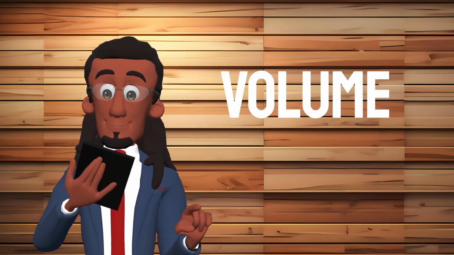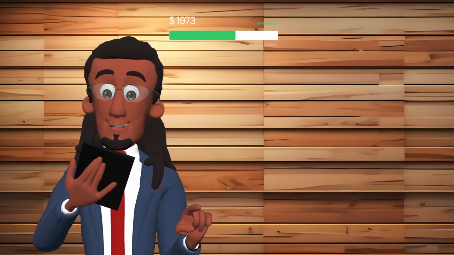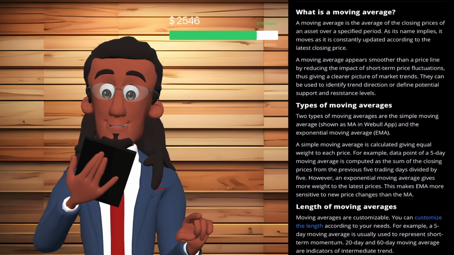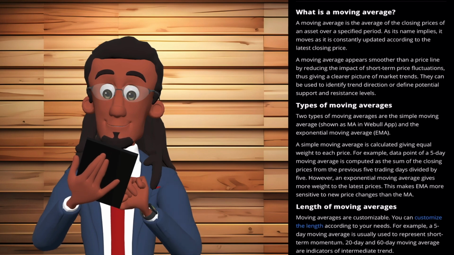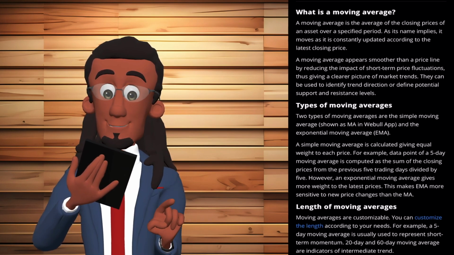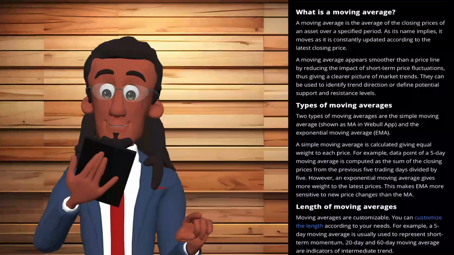All right, so let's start with moving averages as we break down the key components to my most successful trades. A moving average is the average of the closing price of an asset over a specified period. As its name implies, it moves as it is constantly updated according to the latest closing price.